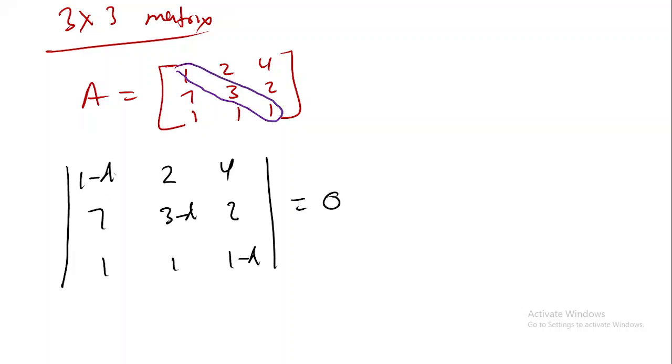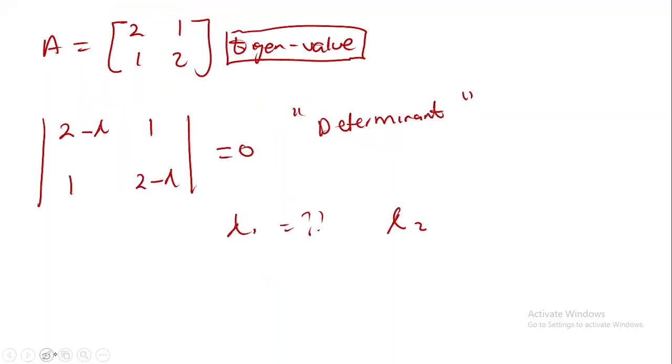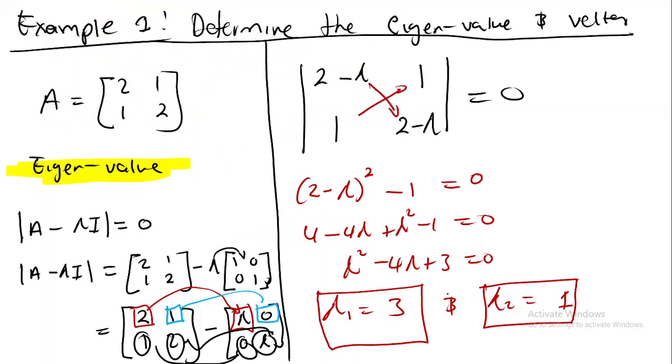If you check here, it's lambda, lambda, lambda, and then you use your method of determinant to actually get your values. So from the previous slide, you can see we have solved this and we got lambda 1 as 3 and lambda 2 as 1. This is what we call our eigenvalues.